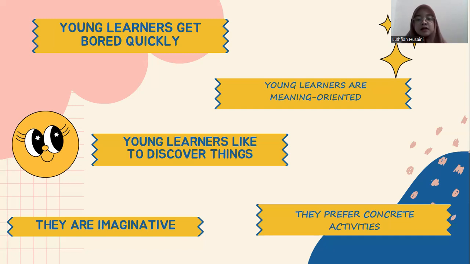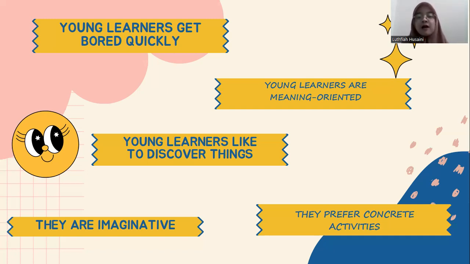This means they are characterized by curiosity and enthusiasm. They easily feel curious about something they never knew before, so young learners have a lot of enthusiasm and curiosity in learning.